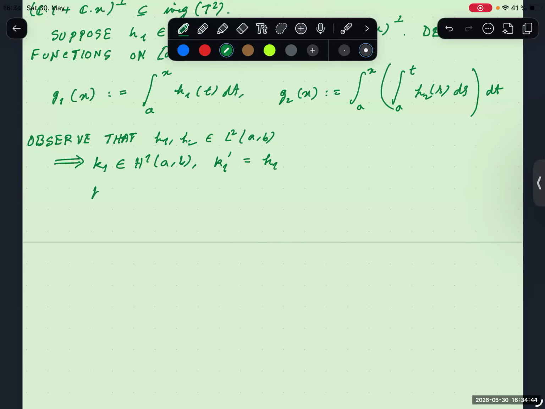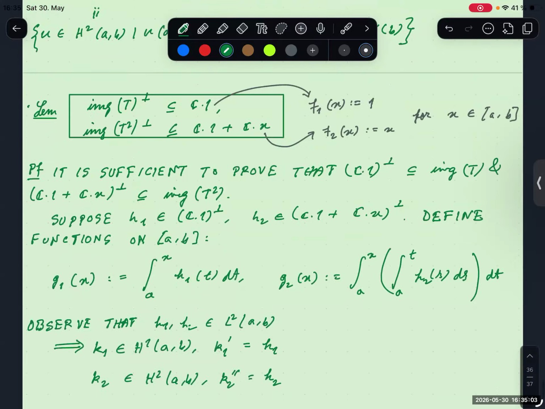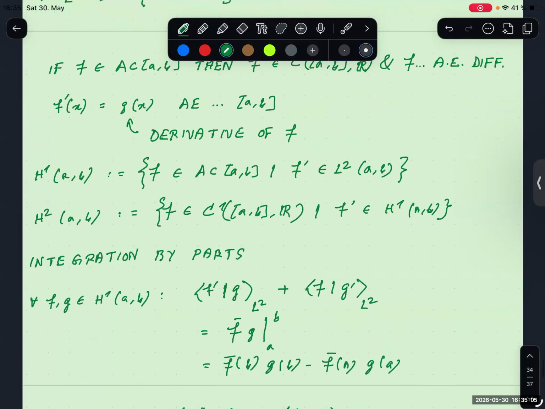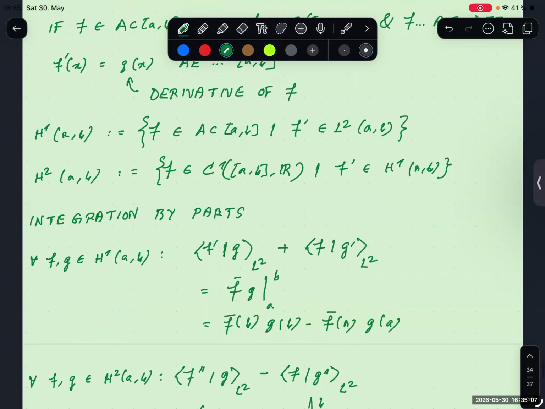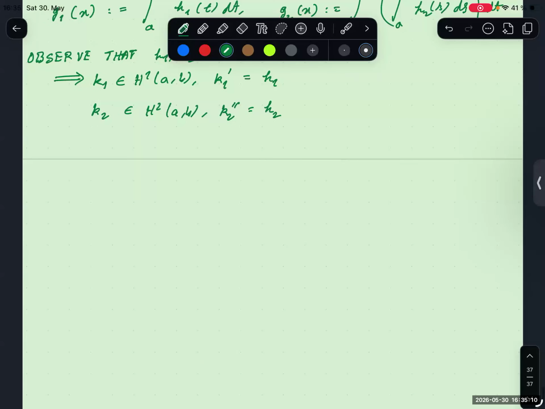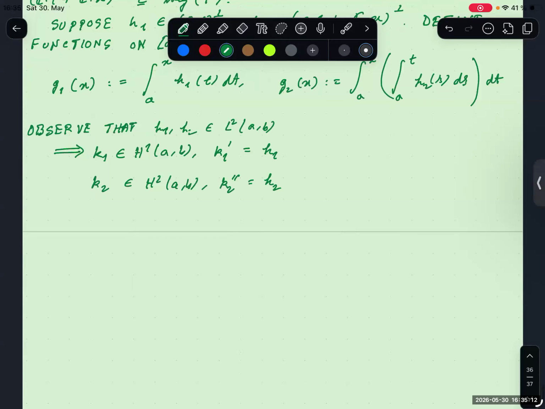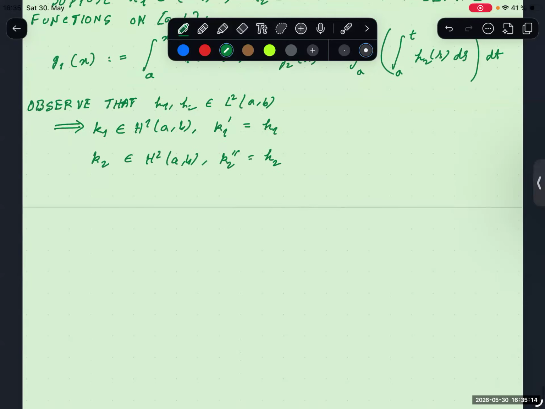And g2 is in H2 of AB, and the double derivative of g2 is h2. For g1 it is just the definition, precisely this definition. Nothing else is happening, and that's why we define the functions this way.